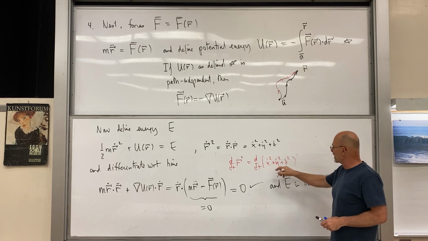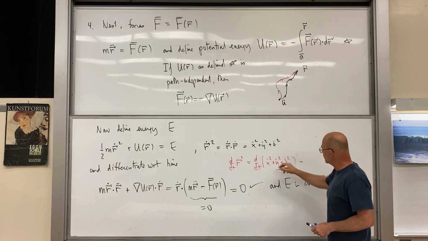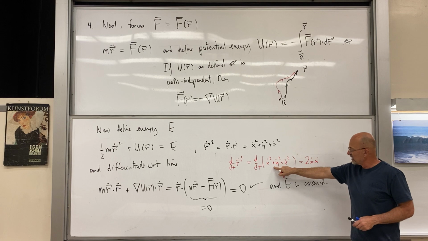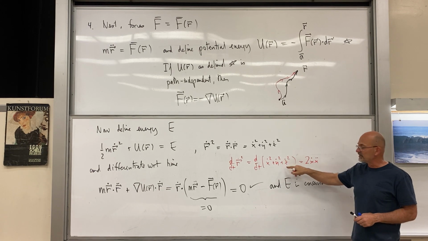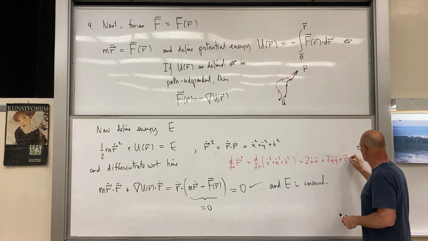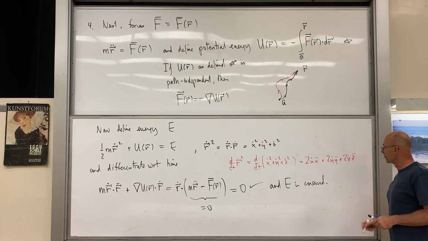And each of these we can do individually. We have 2 x dot x double dot, and then the same thing for y dot and z dot, z dot z double dot.